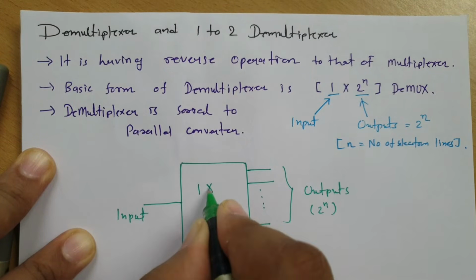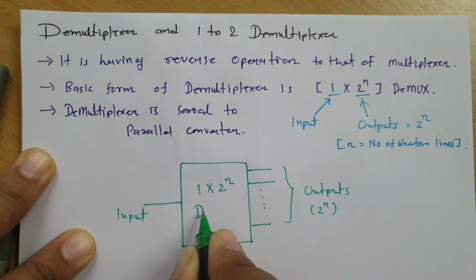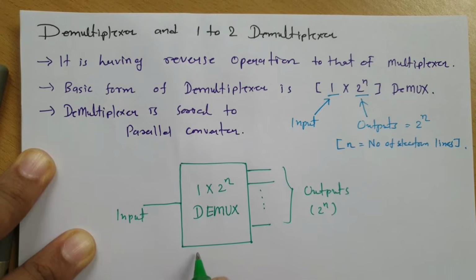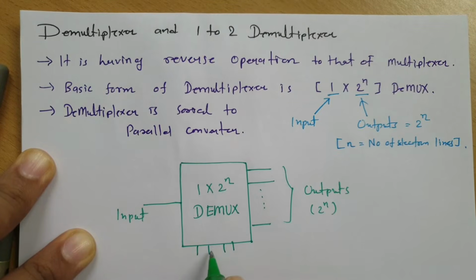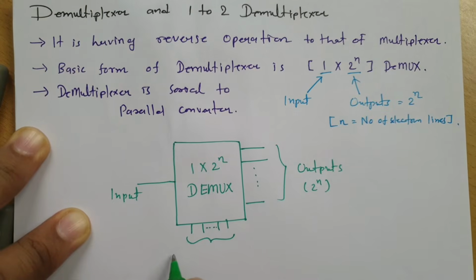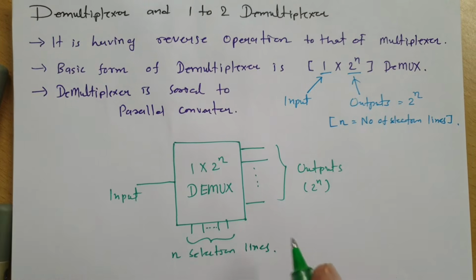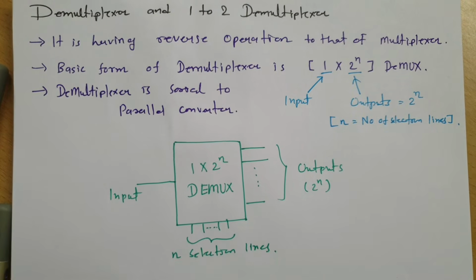So this is the 1 cross 2 to the power n demux, where you will find n number of selection lines. So this is how its block diagram looks.